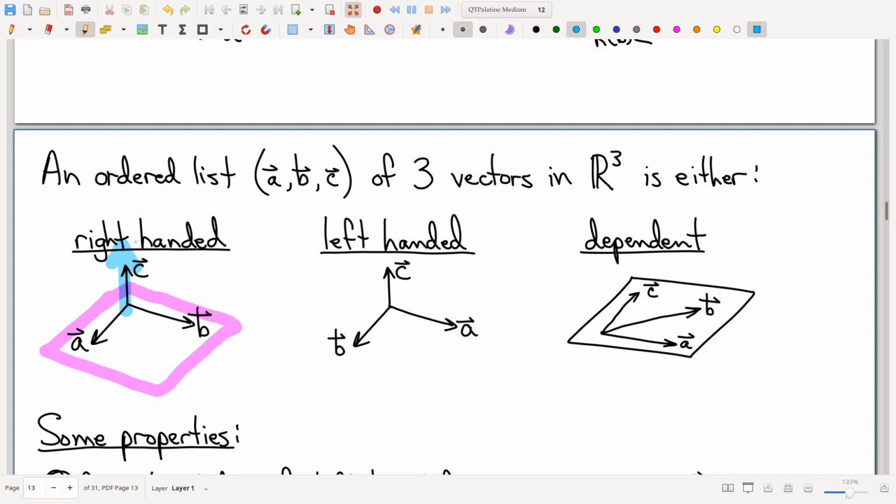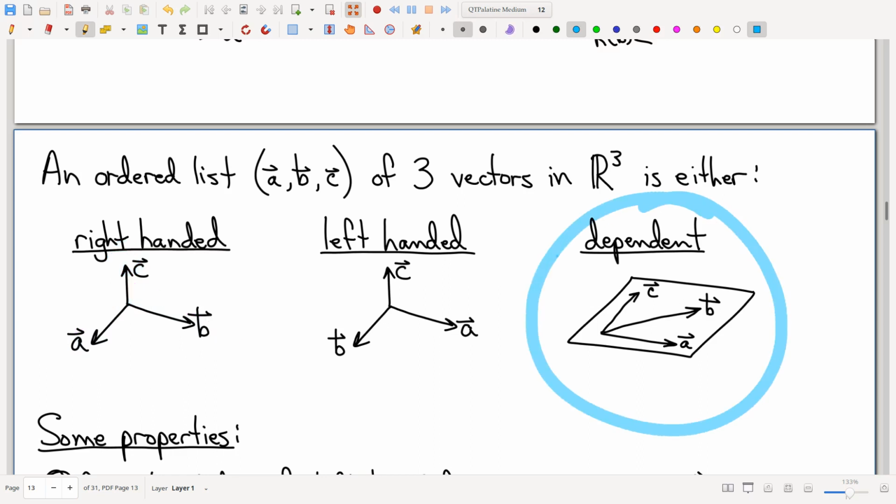Okay. All right, and again, counterexamples. Various different trios of vectors where it just doesn't work left-handed or right-handed. And again, various different versions, and you will note that they are all linearly dependent.